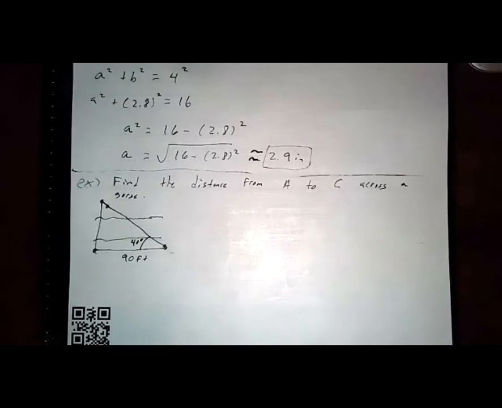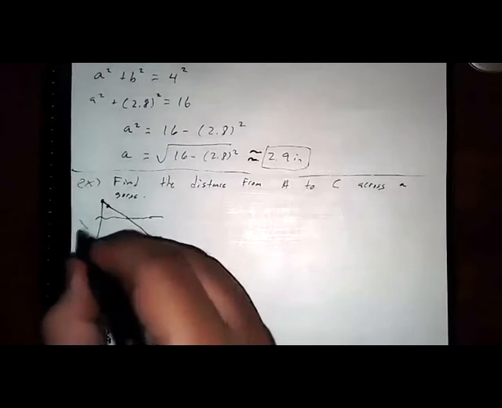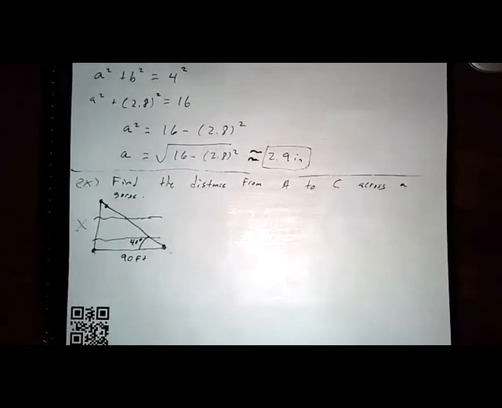But anyway, all I need is this side. We'll call it X. What trig function should I use to help me find this? I think it's cosine theta, which is adjacent over... No, but you need to find the x, right?